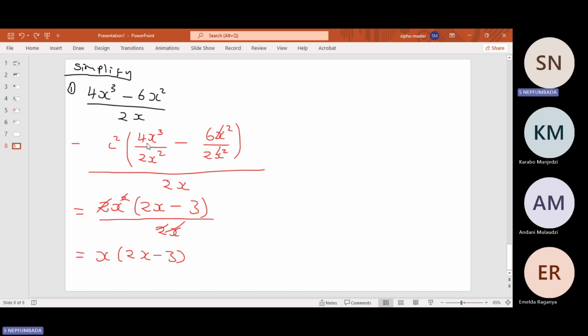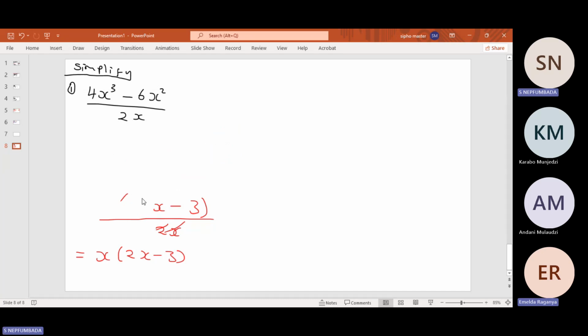We said when we look at the equation, we can tell that there's a common factor. The common factor is something that can go into 2, go into 4, and go into 6 again. So here our common factor, which can go into 2, 4 and 6, is nothing but our 2x squared.